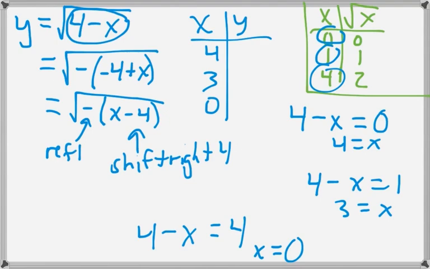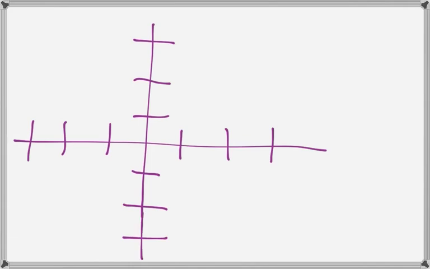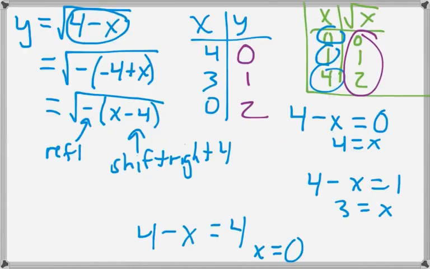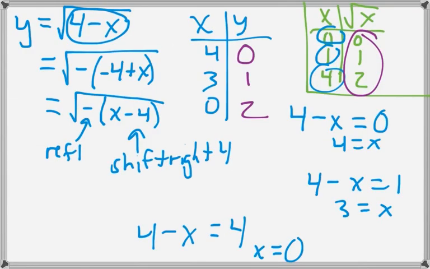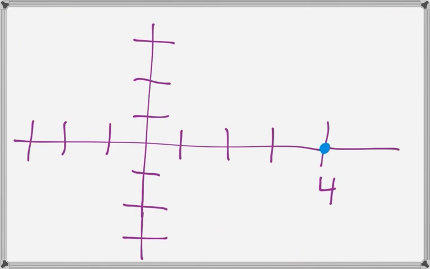We had no vertical change here, so those are just the same as they were before. So I'm going to need a new page to graph this here. Alright, so let's see, we had (4, 0), and then (3, 1), and (0, 2).